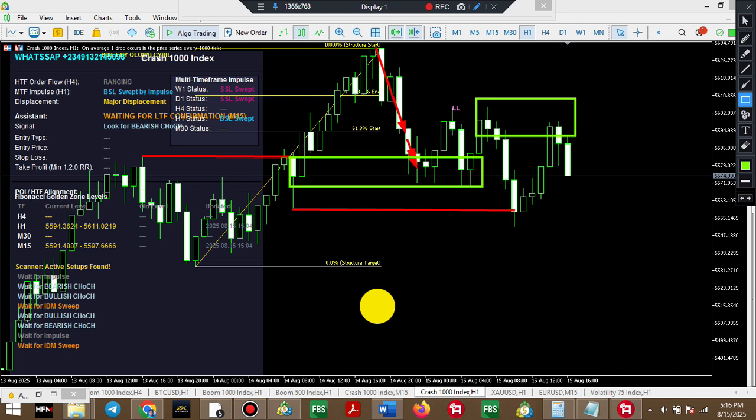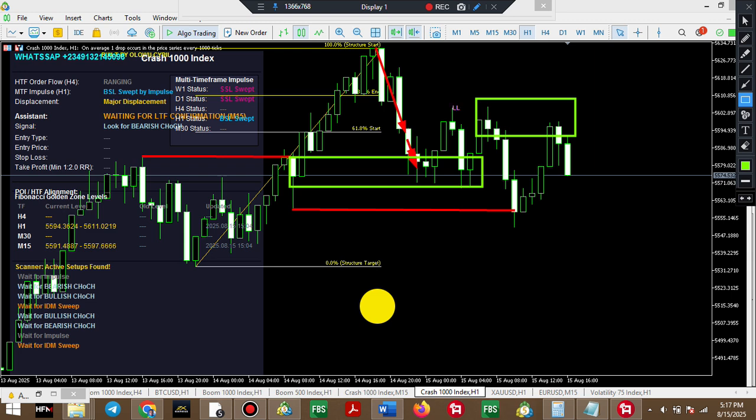Watch out for a move that results in a break of structure, probably the overall move that led to the break of structure, which created that impulsive move. Watch out for it, and then look at what price is doing at that zone or within that zone.